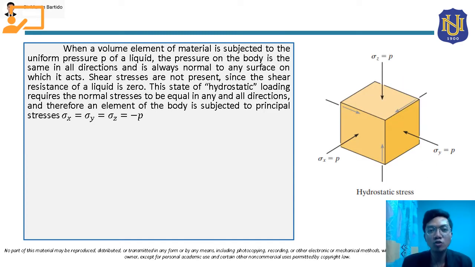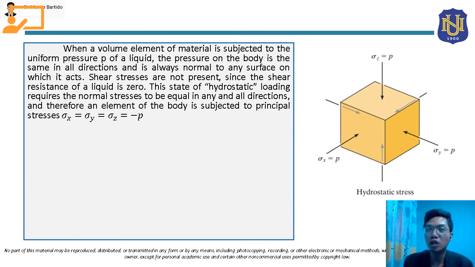When a volume element of material is subjected to the uniform pressure P of a liquid, the pressure on the body is the same in all directions and is always normal to any surface on which it acts. This is one example of an element of a material subjected to normal stresses in all directions, in the x, y, and z directions.